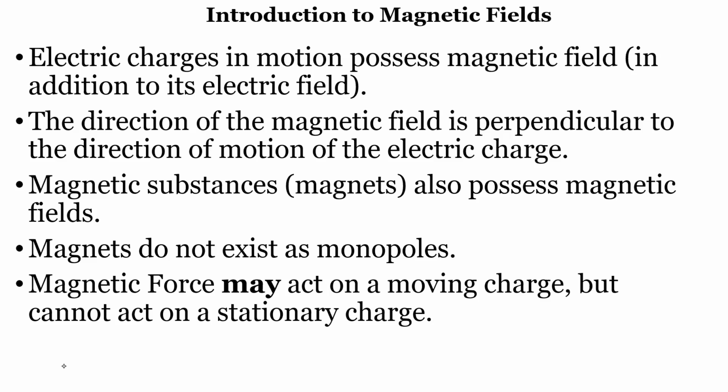So when the electric charge is moving, the magnetic field is found to have a direction that's perpendicular to the direction of motion. The direction of the magnetic field is important in determining if it will interact with the external magnetic field where it is moving.